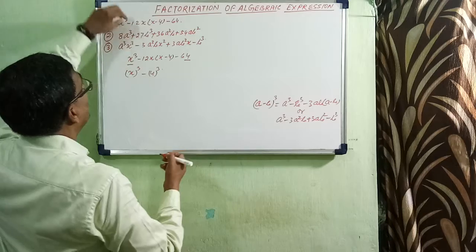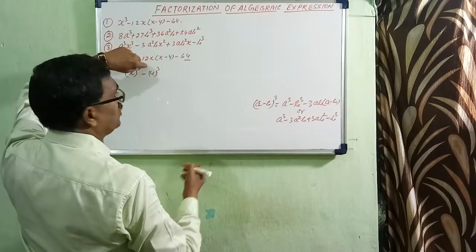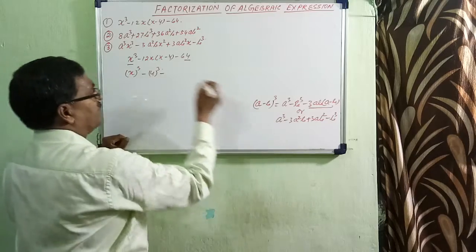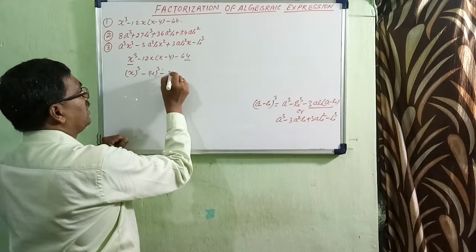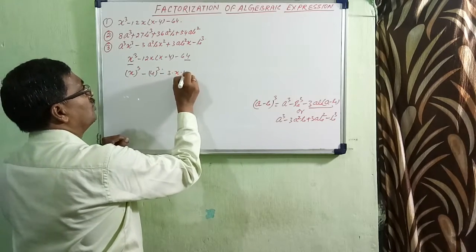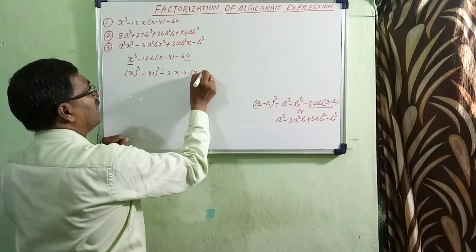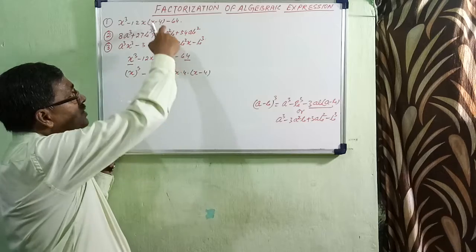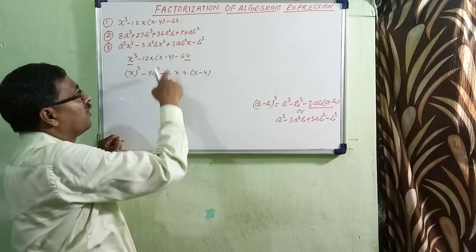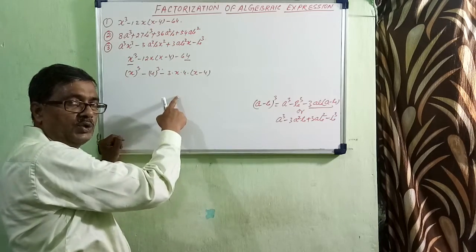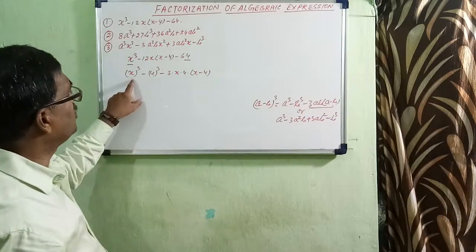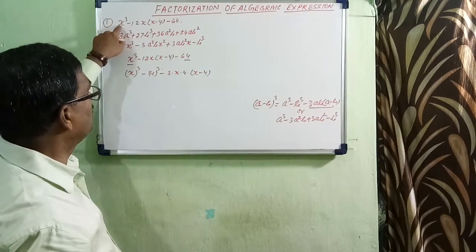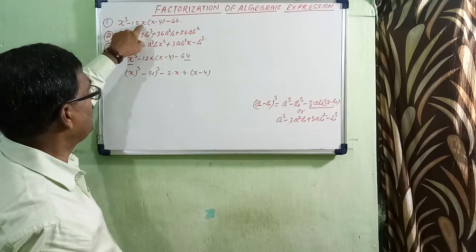So look here, a cube minus b cube, and the third step is minus 3 into a into b into (a minus b). After writing this, you observe whether it is exactly in this form or not. If it is so, you can directly go for a cube minus b cube minus 3ab into (a minus b).